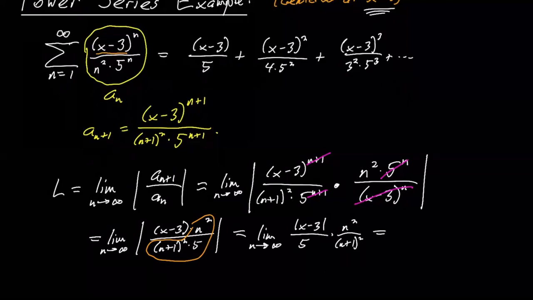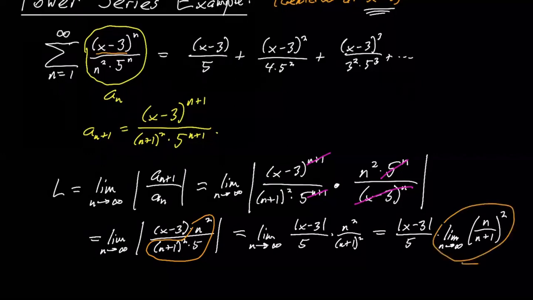And now the step where I said the limit only cares about n, so we can actually pull out things that don't have n's in them. So the absolute value of x minus 3 all over 5 comes out in front. We can also write the n squared over n plus 1 squared as n over n plus 1 quantity squared. And again, this is a limit that we've seen enough times to know that this goes to 1, right?